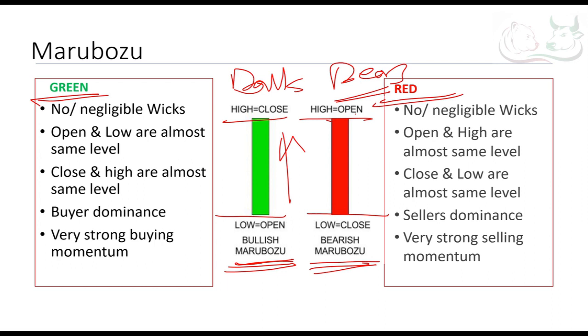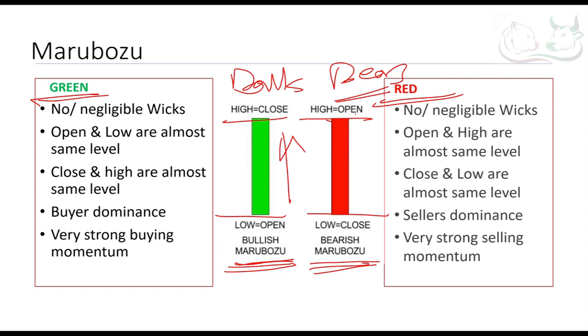So my suggestion would be that at least make your stock list, list down the stocks that you want to look at, and then try and figure out some of these formations, whether it is Marubozu or hammers or inverted hammers or dojis or bullish candles, and how prices have behaved after that. That will give you a strong signal of what to do.